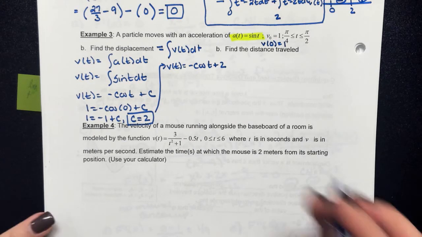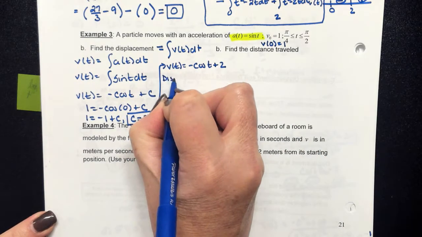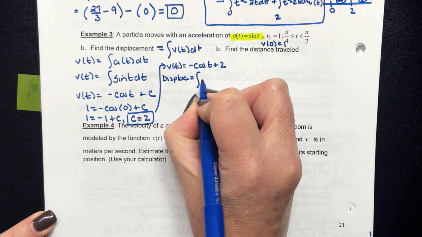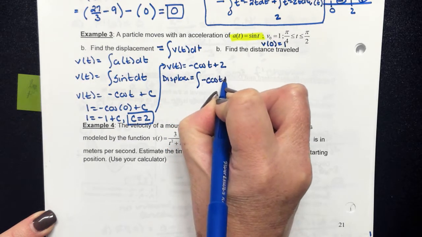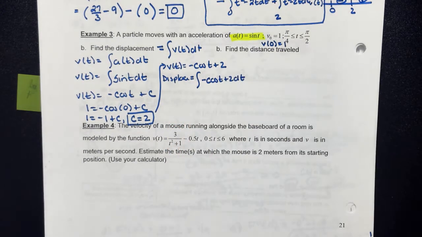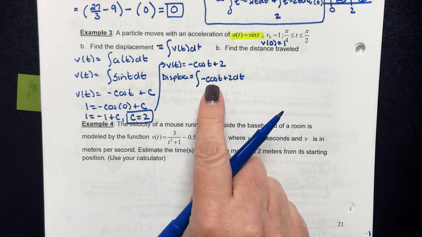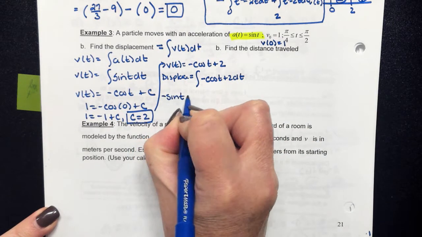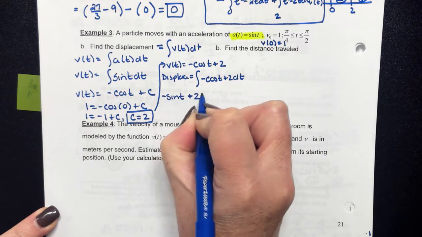So now I'm ready to go ahead and find my displacement. I'm going to integrate my velocity function of negative cosine of t plus 2 dt. What's my integral of negative cosine? Negative sine t. Integral of 2 is going to be a 2t.